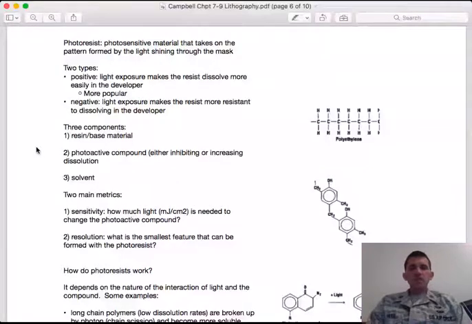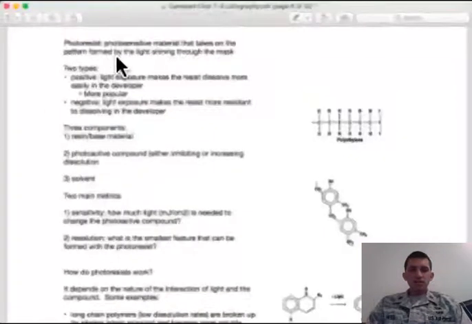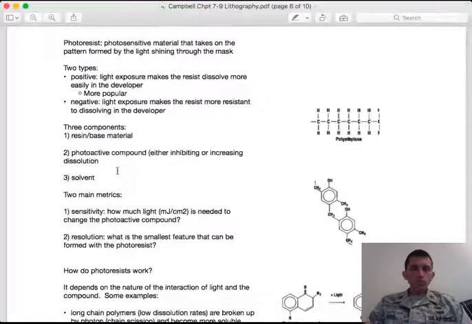There are two basic types of photoresist, positive and negative. They differ in the type of change that is produced by light exposure. In positive photoresist, the UV light exposure makes the resist dissolve more easily.